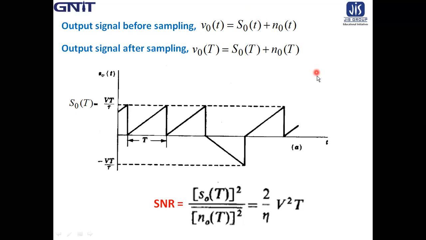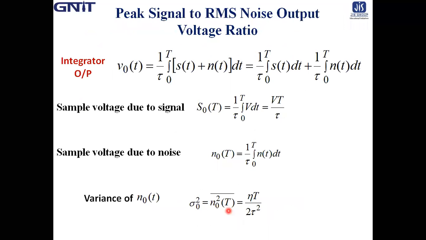Hence, the signal to noise ratio s0 square(T) by n0 square(T) bar is equal to, just putting the value of signal power from the previous slide, V square T square by tau square, divided by the variance sigma 0 square, that is eta T by 2 tau square.